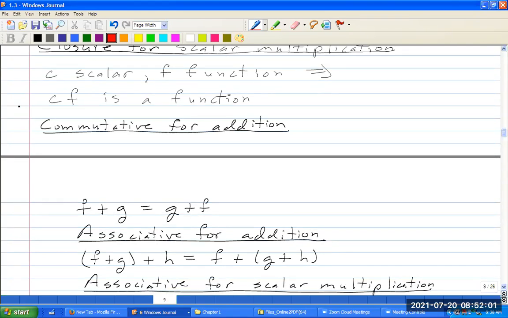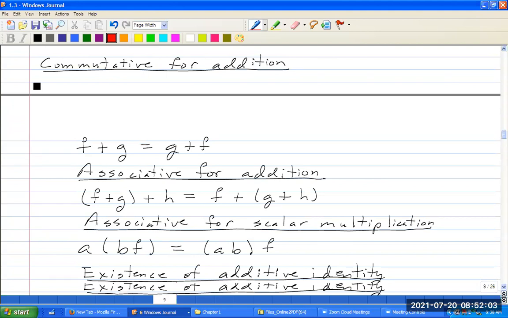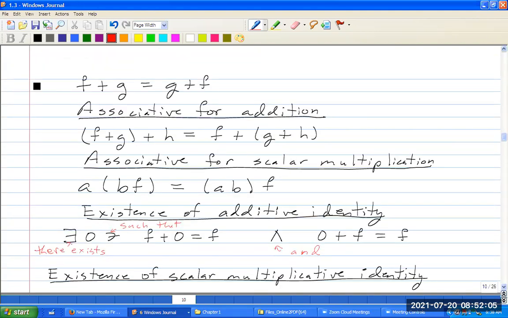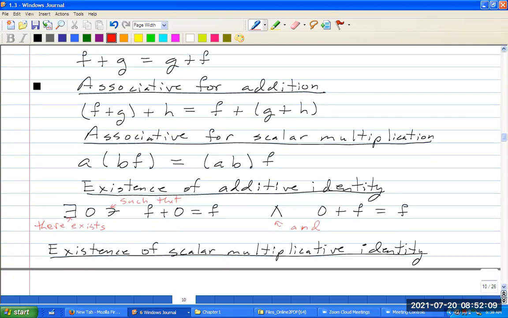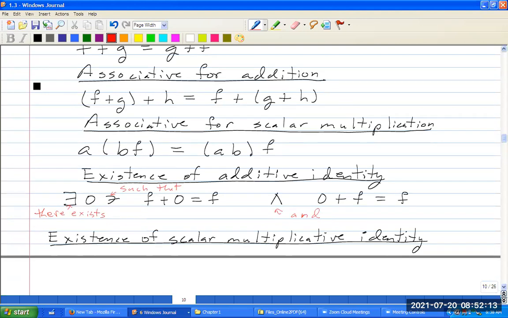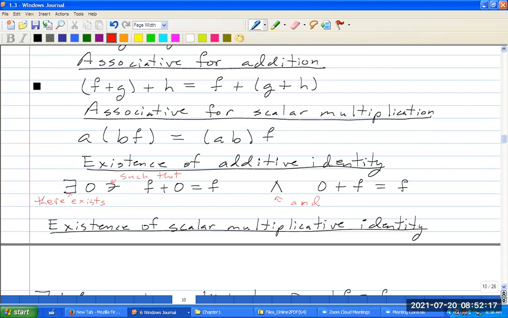The commutative property for addition. So if f and g are functions, then f plus g is equal to g plus f, just like before. The associative property for addition. Let f, g, and h be functions. Then f plus g, in parentheses, plus h is equal to f plus, in parentheses, g plus h.